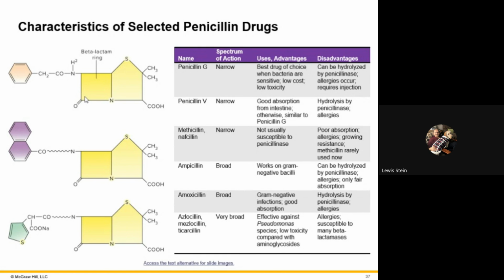By the time I started to hear about these things, maybe 20, 25 years later, I started to hear about particular penicillins that were effective against penicillinase-producing staphylococcus.